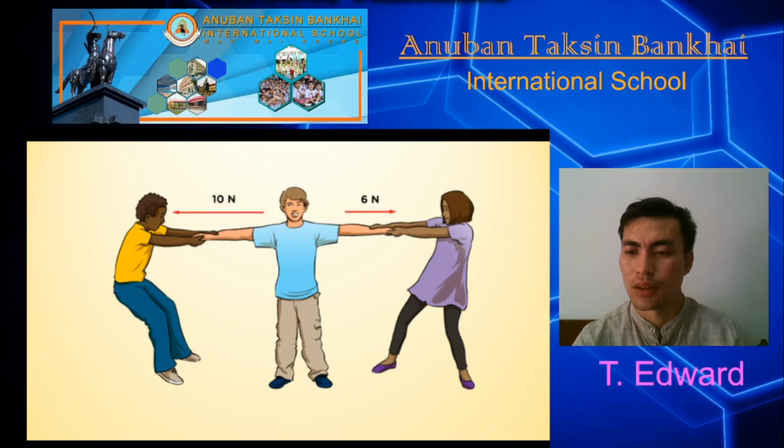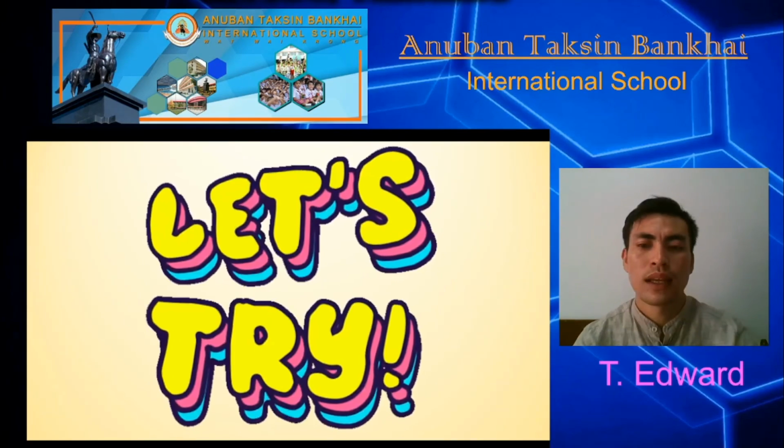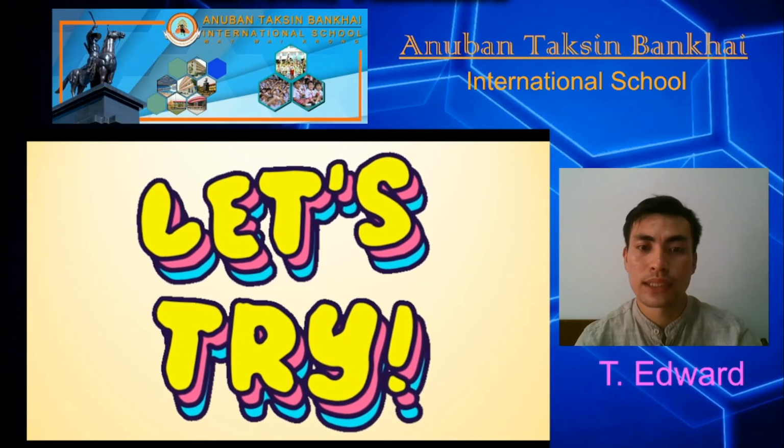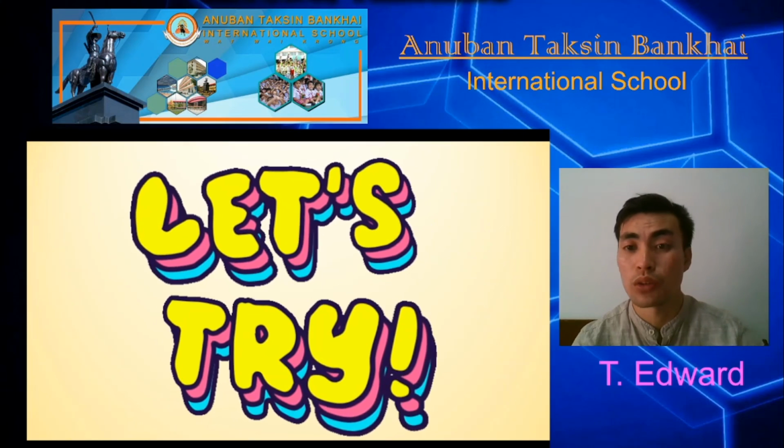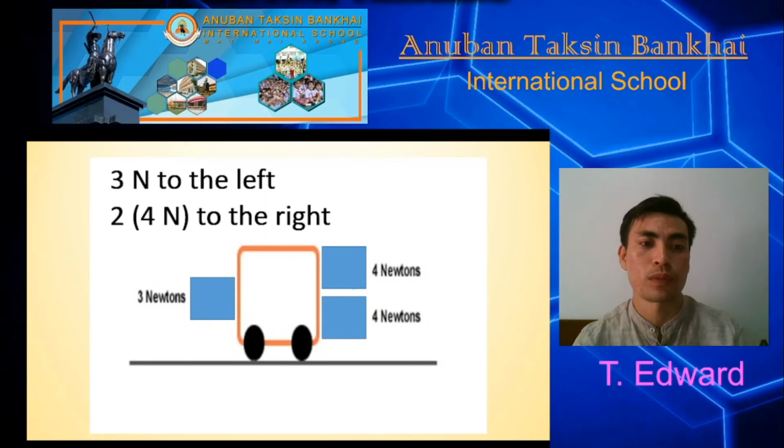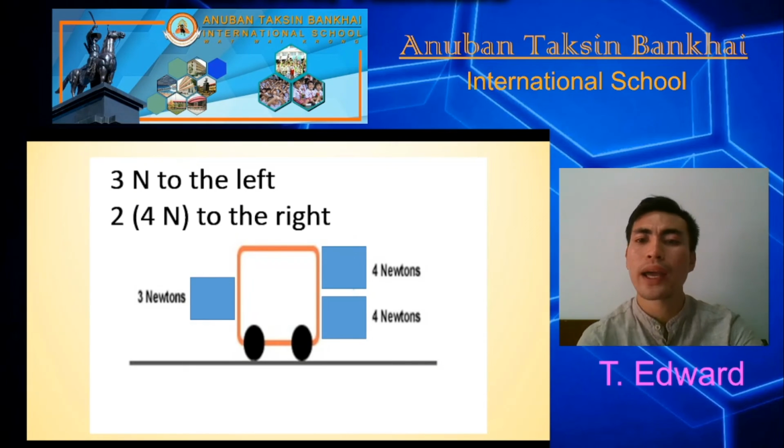Alright, now let's proceed to the next one. Let's try another example. This time I want you to write it again in your notebook. So here, 3 newtons to the left and 4 newtons to the right. I want you to pause the video and draw this in your notebook.